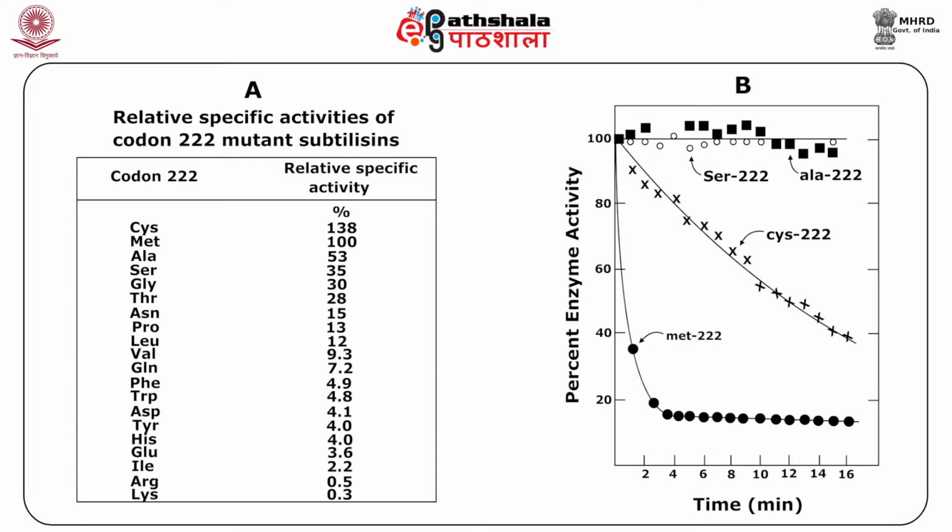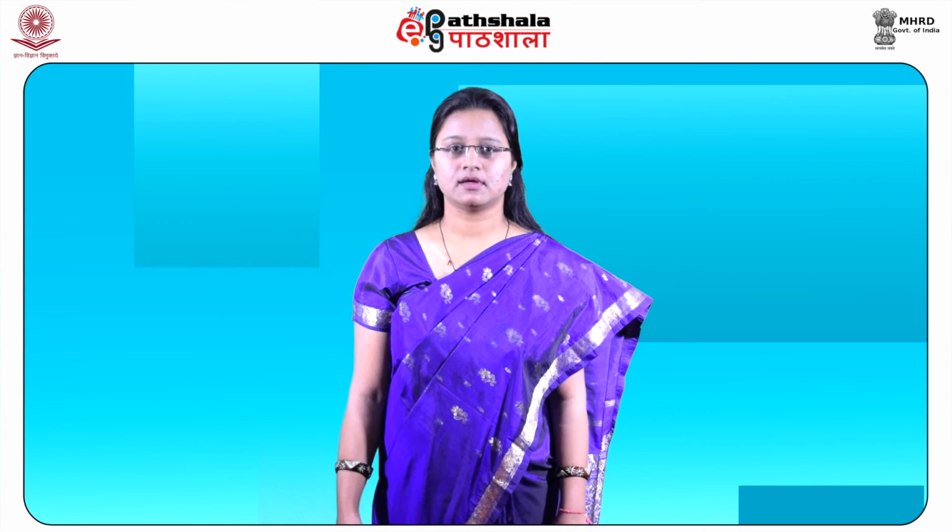So it possesses whatever activity it had, it is not inactivating the enzyme. So this is relative specific activity of subtilisin and its various mutants in the presence of bleach. So replacing methionine with alanine helped us to improve its activity and let it function in the presence of bleach. So this is how protein engineering field has helped in this particular area.